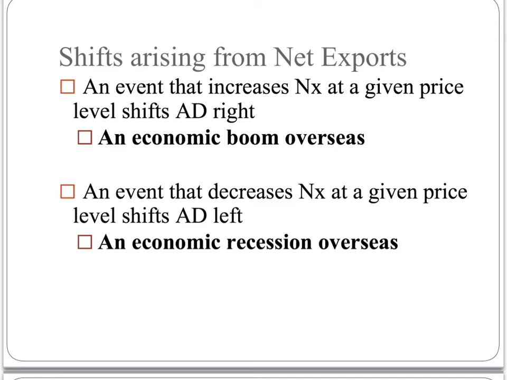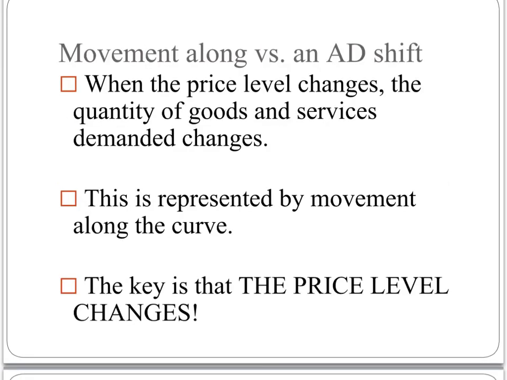Or an economic recession overseas would mean that all of the people, maybe around the world or in certain countries, are buying less products overall, which probably also include American-made products. So an economic recession overseas would decrease aggregate demand to the left because they're just buying less goods and services overall, and chances are then they're also buying less American goods as well.